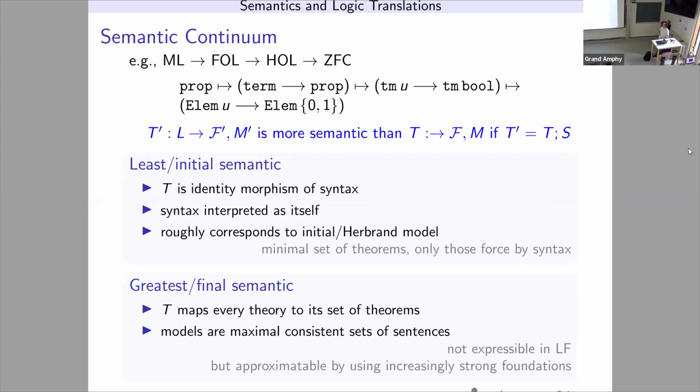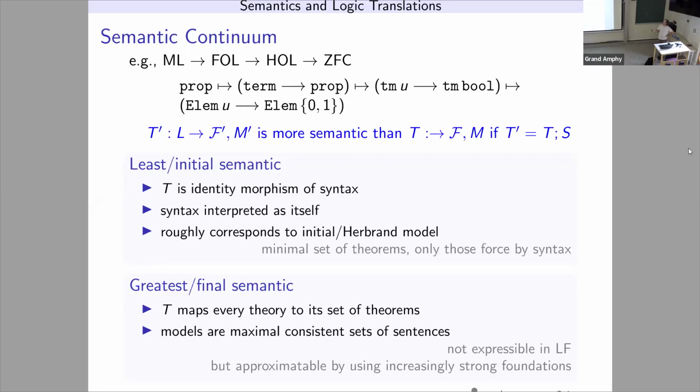So one of the most important changes in the way I see logic that I've acquired over the years is that I don't really strictly distinguish syntax and semantics. And I don't distinguish translations from semantics. There's just a continuum. For example, from modal logic, we can translate to first order logic.